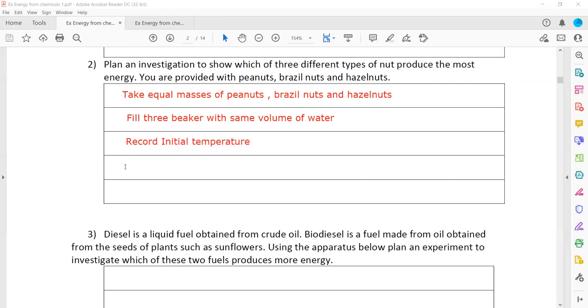And we'll burn the nuts which are placed under the beaker, and we will record the final temperature.